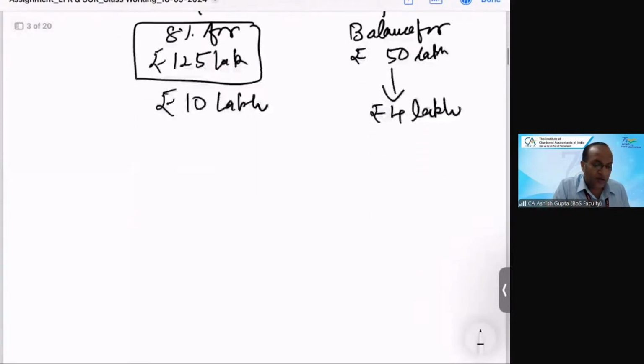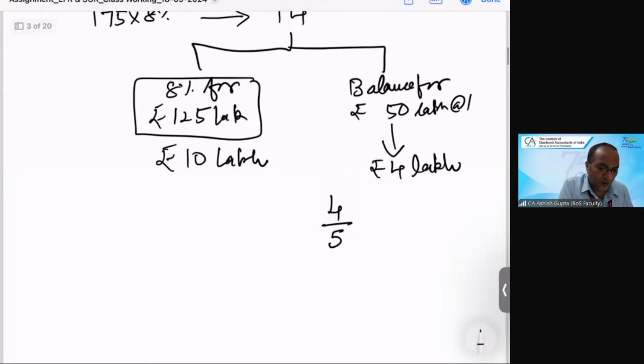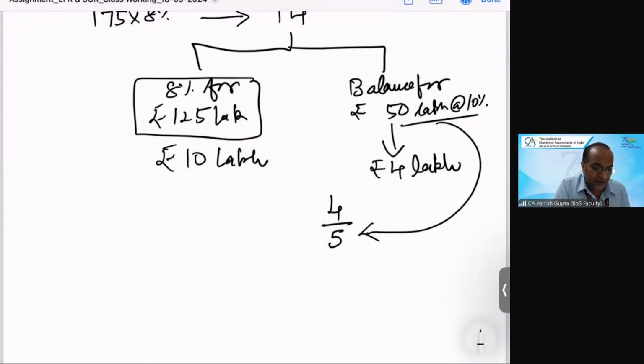Now the question comes, for how much period has the interest been charged from me? I have been charged the interest 4 by 5, because if I take the complete interest, my interest will be at the rate of 10%. The amount will be this much, and I will do like this.